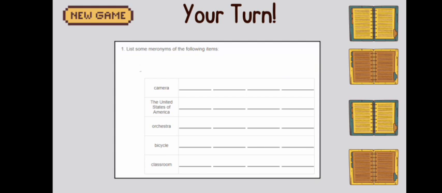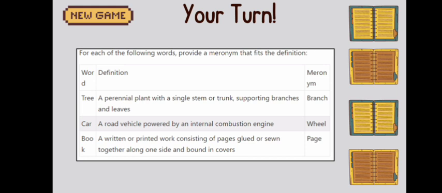For each of the following words, provide a meronym that fits the definition. You have the words tree, car, and book, and the definition of each one. You also have a meronym as an example. Please add 1 or 2 more meronyms.